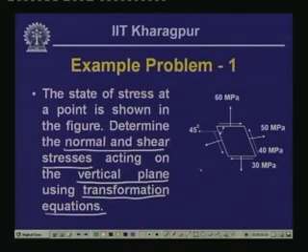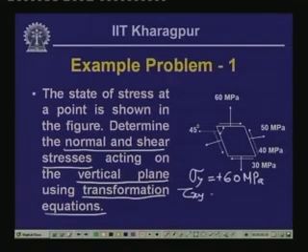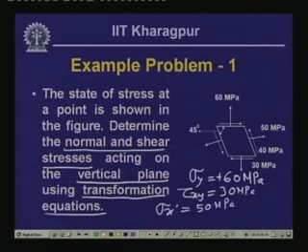Here the given values are sigma y equal to 60 MPa, tau xy given as 30 MPa, and on this particular plane, the normal stress sigma x dashed is equal to 50 MPa and the shearing stress tau x dashed y dashed is equal to 40 MPa.